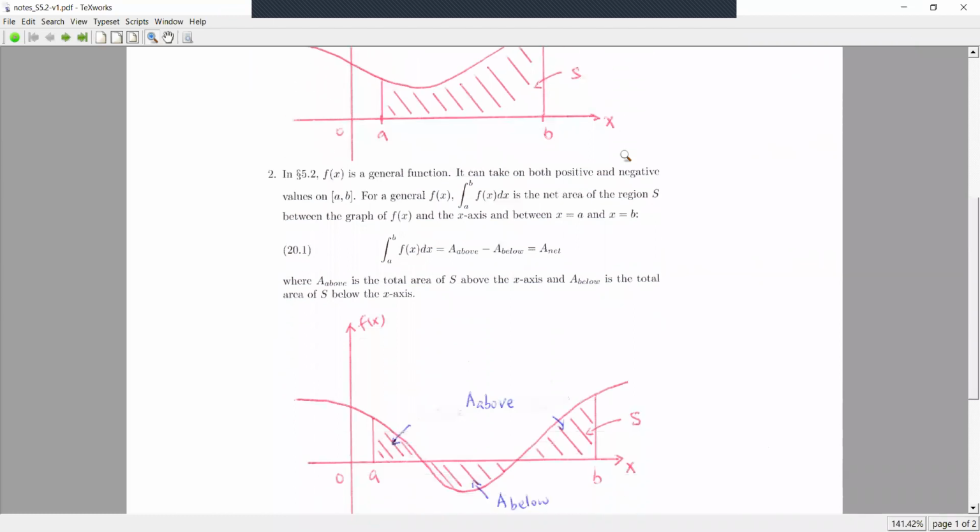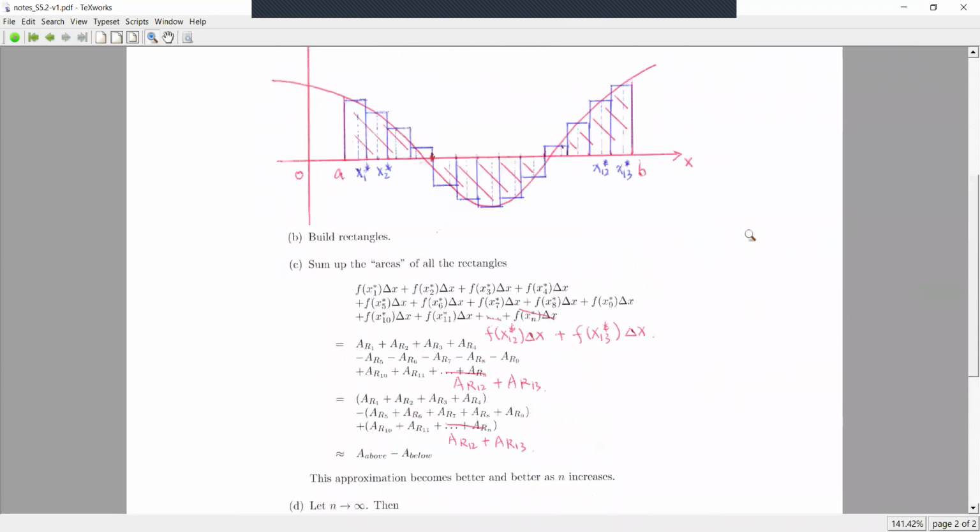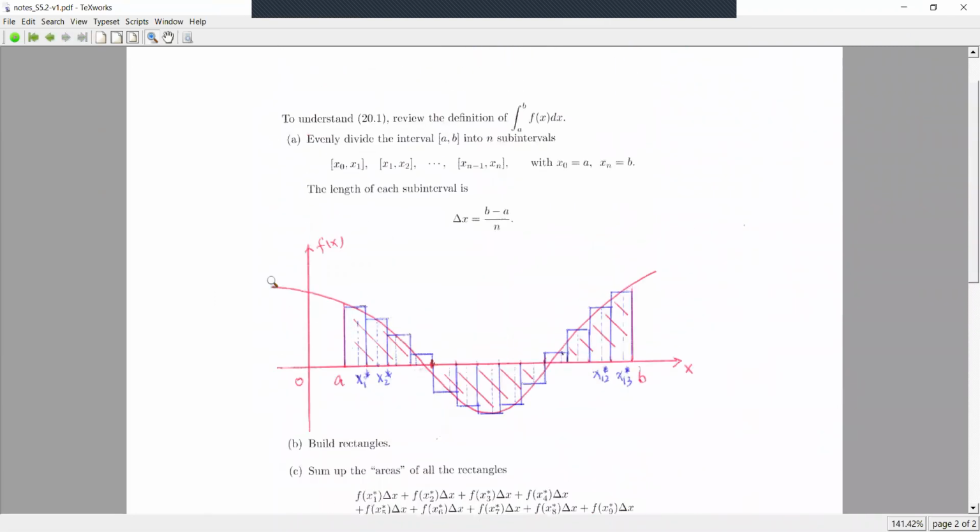To understand that the integral of a general function is equal to the net area of the region S, we need to review the definition of an integral. Here in this diagram, we have a curve. This curve is the graph of some general function.